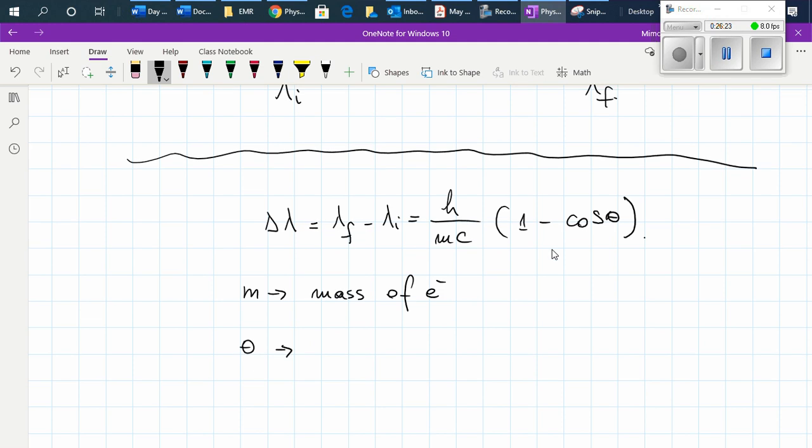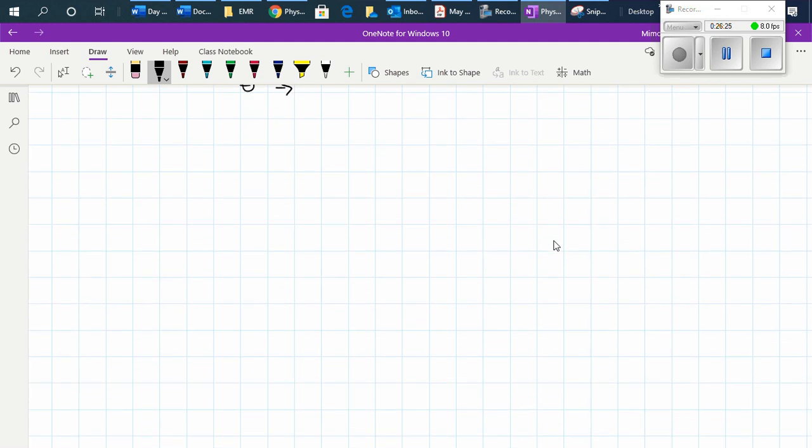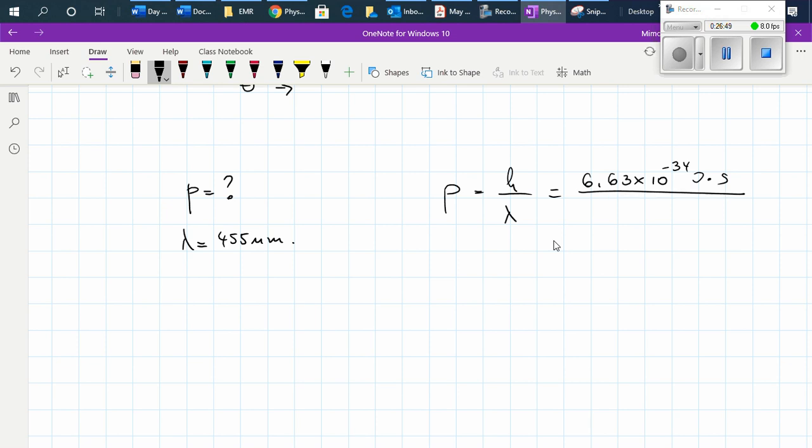So let's calculate the momentum of a photon. What is the momentum of a photon with a wavelength of 455 nanometers? So momentum is h over lambda, or 6.63 times 10 to the power of negative 34 joules times seconds over 455 times 10 to the power of negative 9 meters.